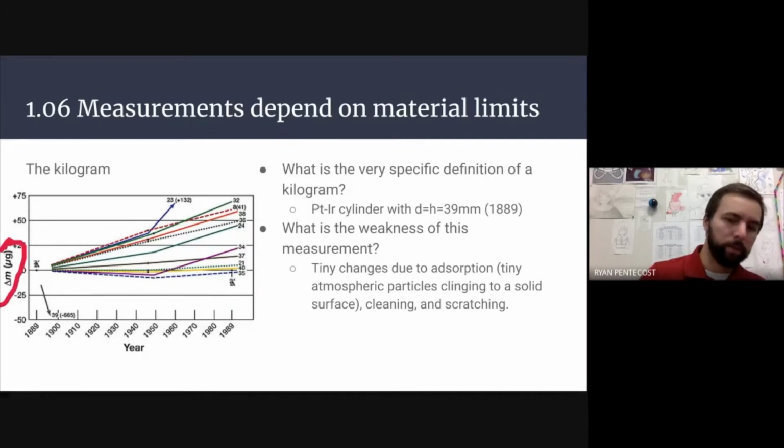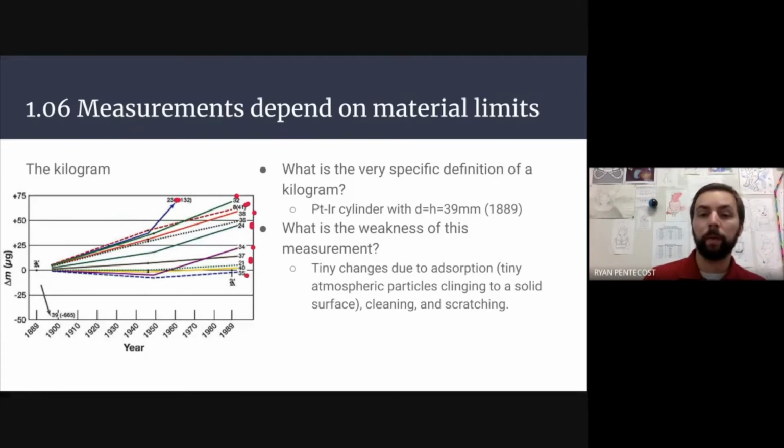Okay, so the percent change, there is a change in mass in micrograms, and you can see that all of these different models, there are different numbers over here. These numbers are the different models that were given around the world so that people could monitor the kilogram and they could have their own copy of the kilogram.